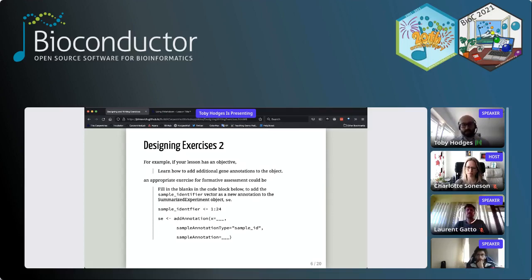And then these underscore symbols in the code block itself are intended to indicate the blank spaces that the learner would need to fill in. I'll talk a little bit more about these kinds of fill in the blanks exercises a little later on, I think.